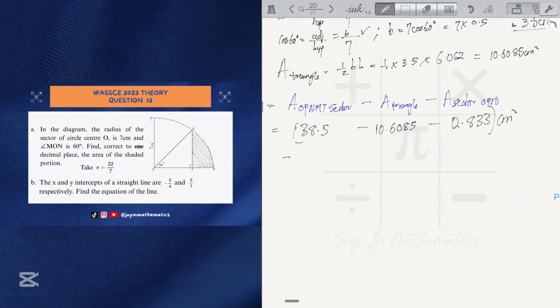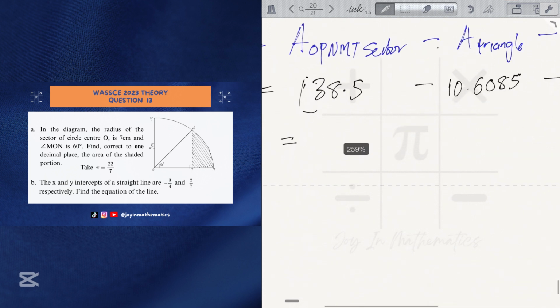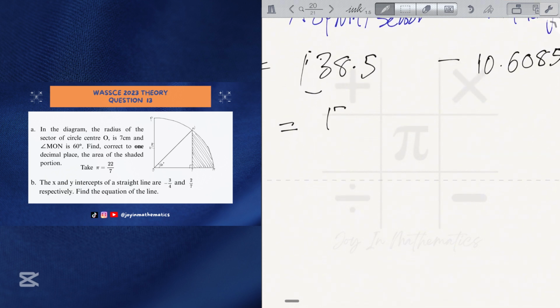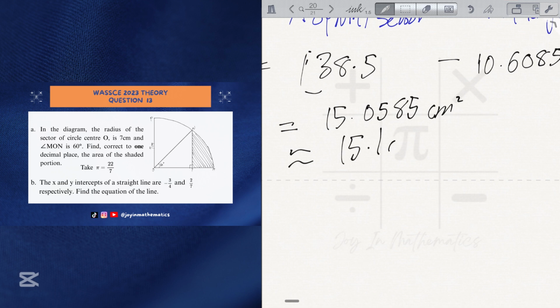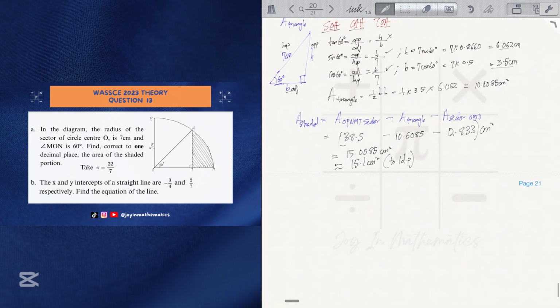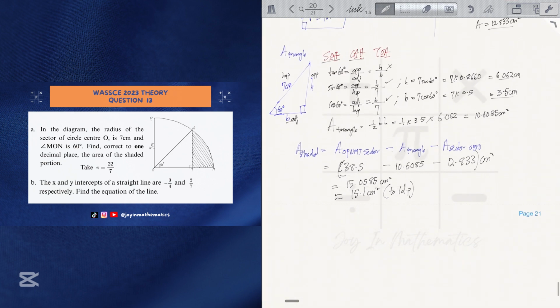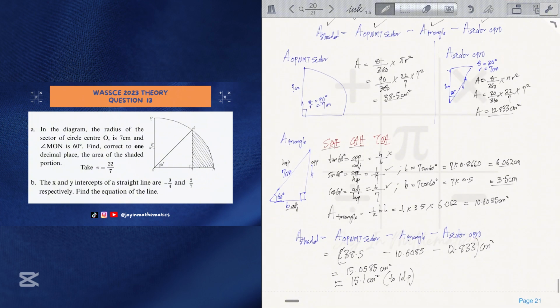So using our calculator to simplify this, we will have our final answer to be 15.0585 centimeter squared, which will approximate to give us 0.1 centimeter squared, because we are correcting to 1 decimal place. So you can see it's a very simple question, and it just involves application of area of sector and area of triangle.